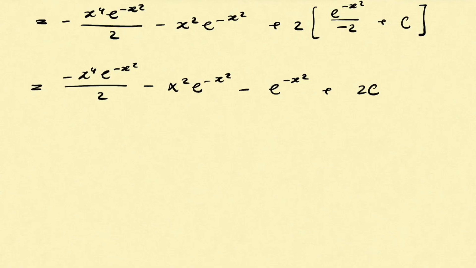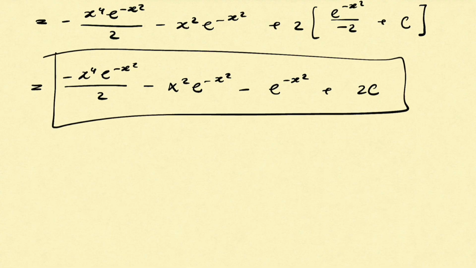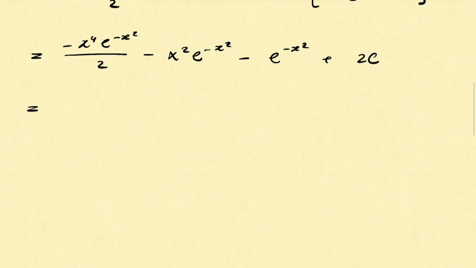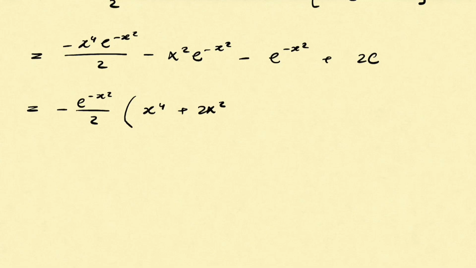Now we already have our answer, but I prefer writing it in a better form. We can take out e^(-x²) over 2, or even minus e^(-x²) over 2, so that we are left with x^4 plus 2 times x², and plus 2.